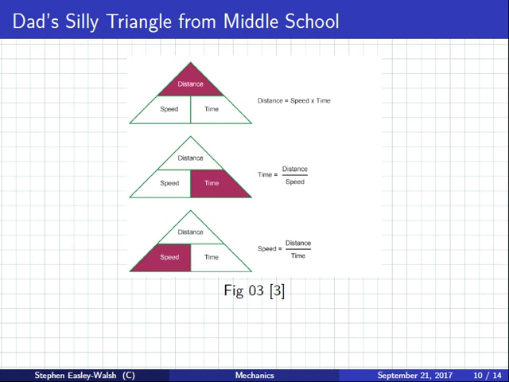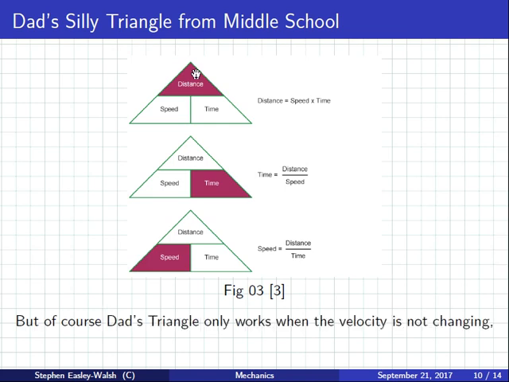This triangle works when there's no acceleration. So if speed is not changing, you can use this triangle. So this is for no acceleration. But of course, it only works when the velocity is not changing. That is 0 acceleration. Okay, so if you can just draw that triangle, but make note that it's only suitable when there is 0 acceleration.